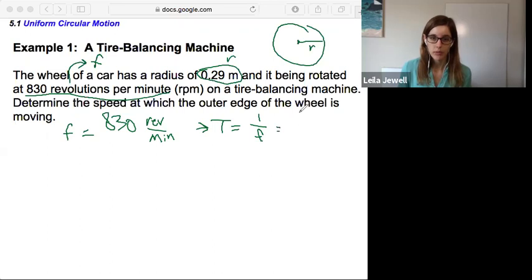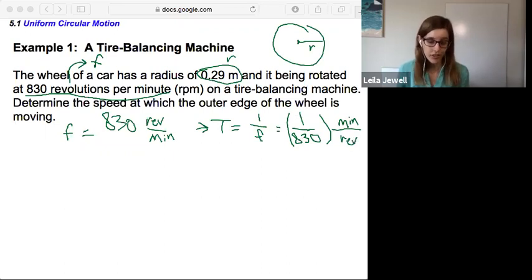And so we'll end up with 1 over 830, and I'm going to go ahead and flip the units and write them on the numerator, the top side, and that would be minutes per revolution. And so all we'd have to do there is then just convert it into seconds, and we are home free. We're ultimately solving for the speed, v, and so we can use the equation that we saw on the last slide in order to do that.